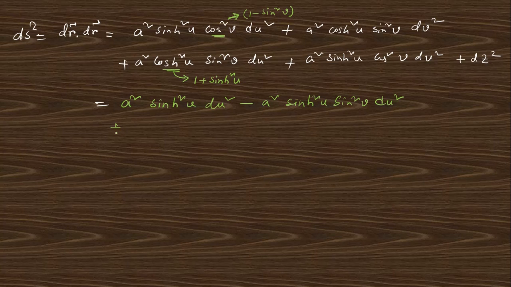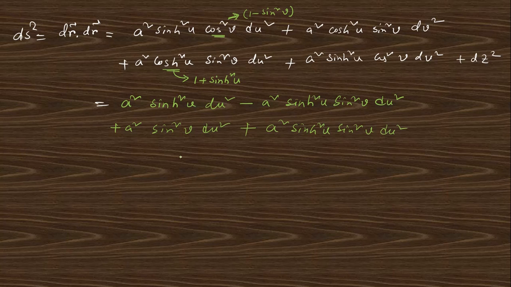Similarly from here you get a square into 1 plus sin hyperbolic square u with sin square v du square, plus a square sin hyperbolic square u sin square v du square.